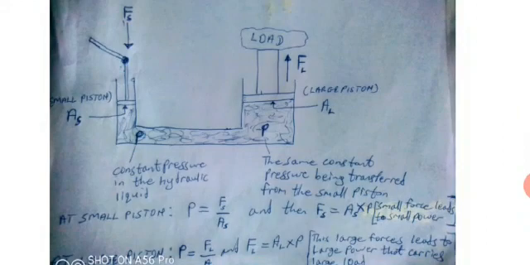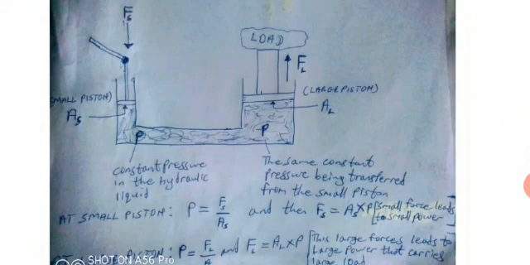So when you apply small effort, because we are having a small piston there, you can see it is written there, small piston. So if you apply small effort, that is Fs, it will be applied onto the small piston, which has a small cross-sectional area, and this results in a pressure inside the liquid.